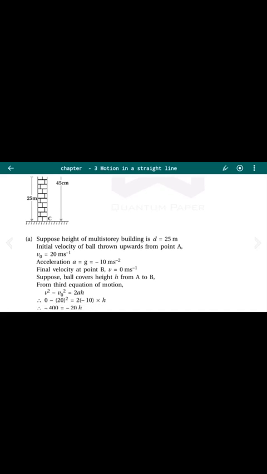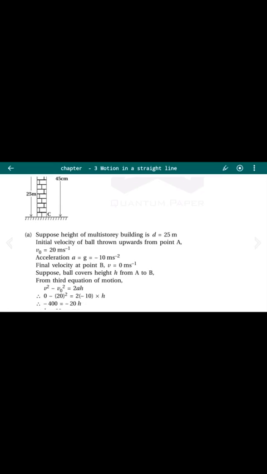Final velocity at point B, V equals 0 meter per second, because when the ball rises up, it reaches up to a certain point, that is point B, then after that it stops there at that point B, and then it will come down. So at point B the ball will stop for some time, that is for a negligible time. So the final velocity over there is taken as 0 meter per second.